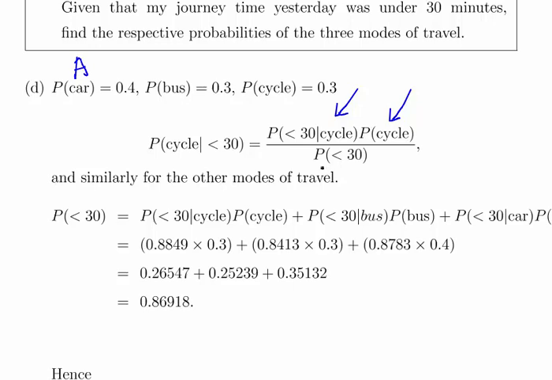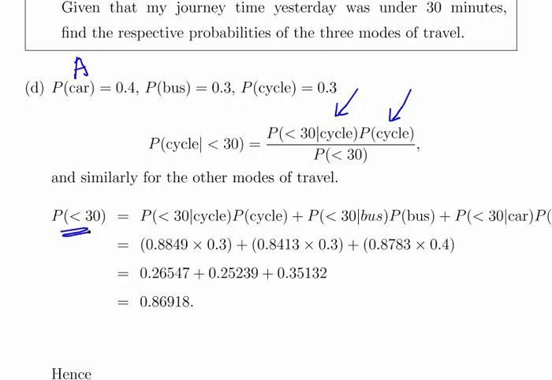Okay, the probability of being under 30 minutes, let's just work it out here. What we're looking for, we'll need this first. This is the first part we have to start off with. So, what is the probability that we came in under 30 minutes? This is a conditional probability.